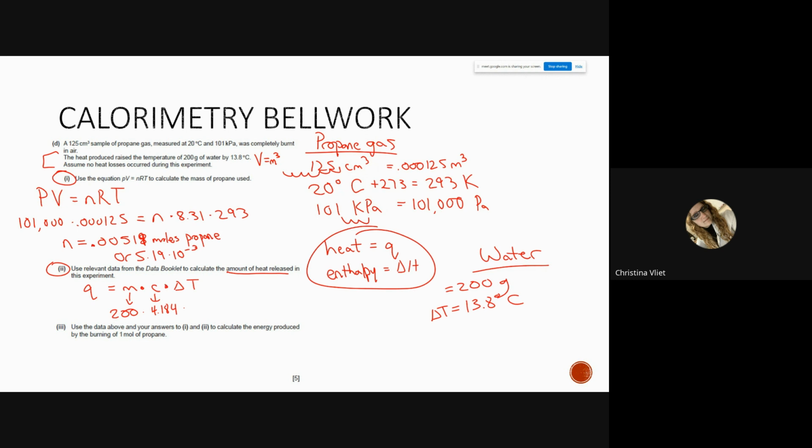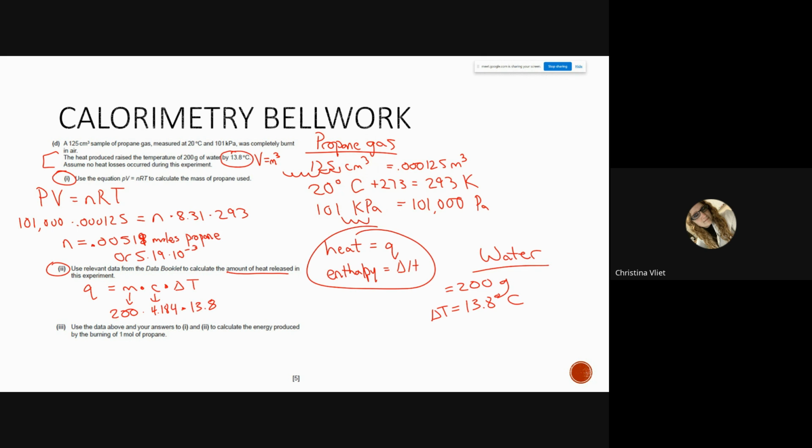And delta T is what? 6.2? No. What is delta T? 13.8. So you have to read it carefully. It raised the temperature by 13.8.